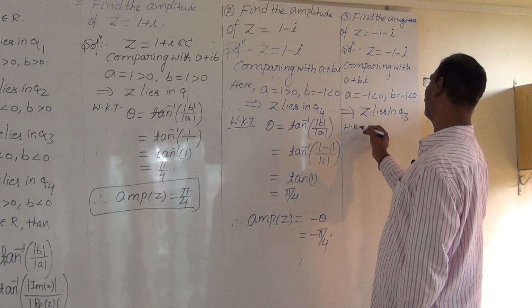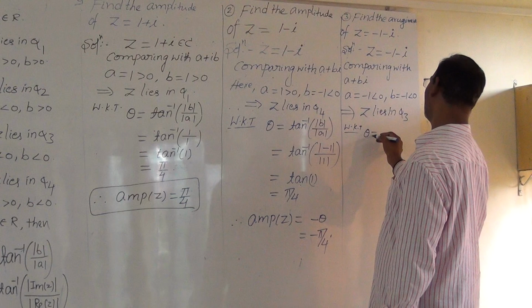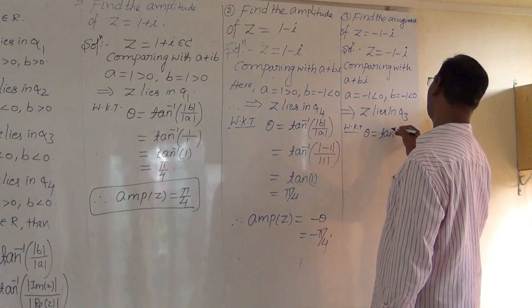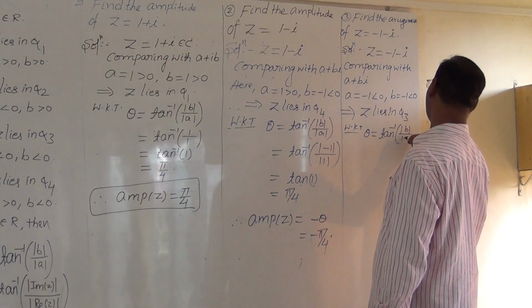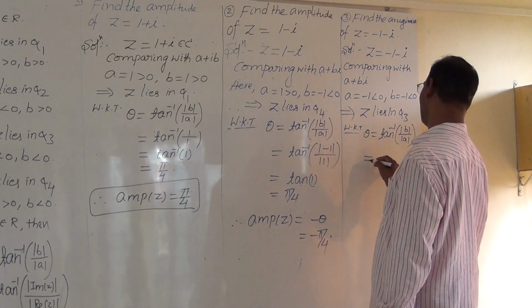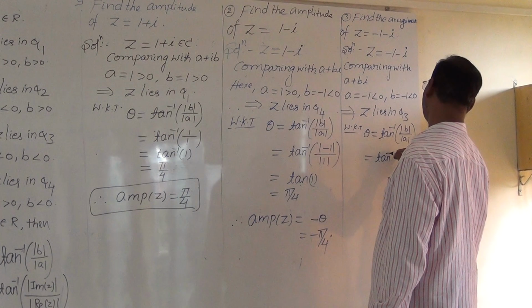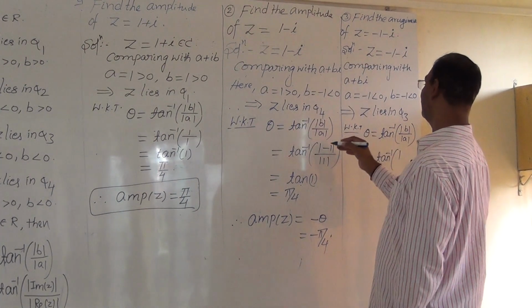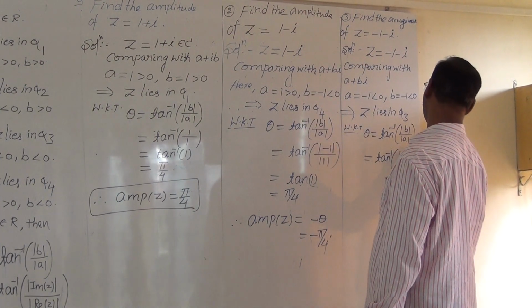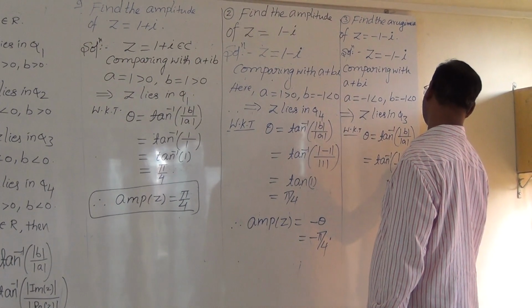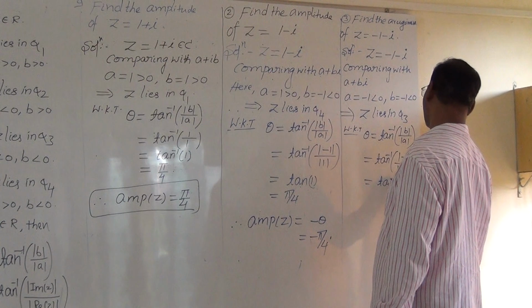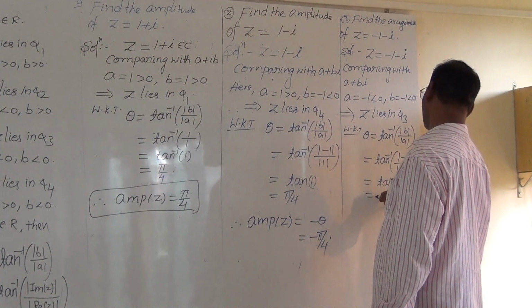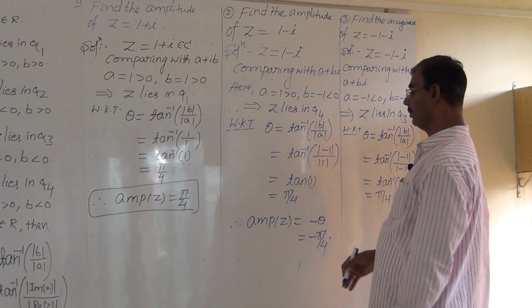We know the formula: theta is equal to tan inverse of mod of B divided by mod of A. Substitute here: B is minus 1, divided by mod of minus 1. In the modulus, negative becomes positive. Tan inverse of 1 is equal to pi by 4.